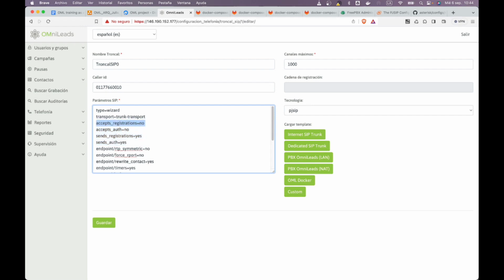Authentication is going to define the type of trunk. Generally, when we're in a SIP trunk environment where you contract a SIP trunk from these providers, of which there are several, that offer termination in different countries, usually the incoming calls are not authenticated. Those kinds of providers do not send SIP authentication. When they send us a call, we do not do authentication at the SIP layer, simply with the cloud firewall, as we saw.